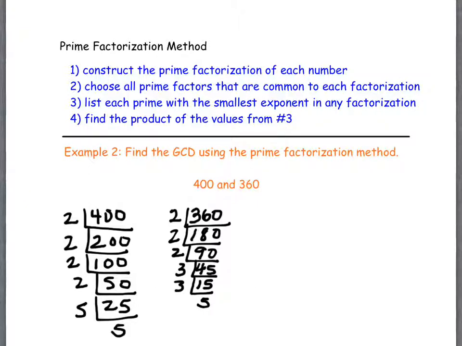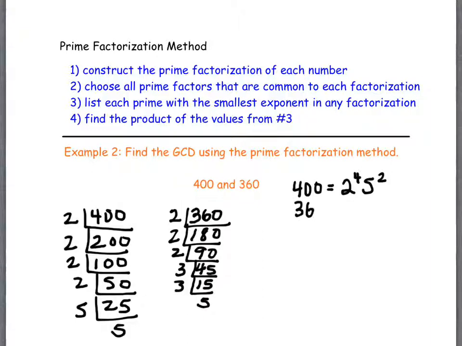Okay? So here's what we do with the prime factorization method. We've constructed the prime factorization of each number. We're going to choose all the prime factors that are common to each factorization. Actually, let's write these out first. So 400 is 2 to the what? So 4. Yeah, and then 5 to the 2.